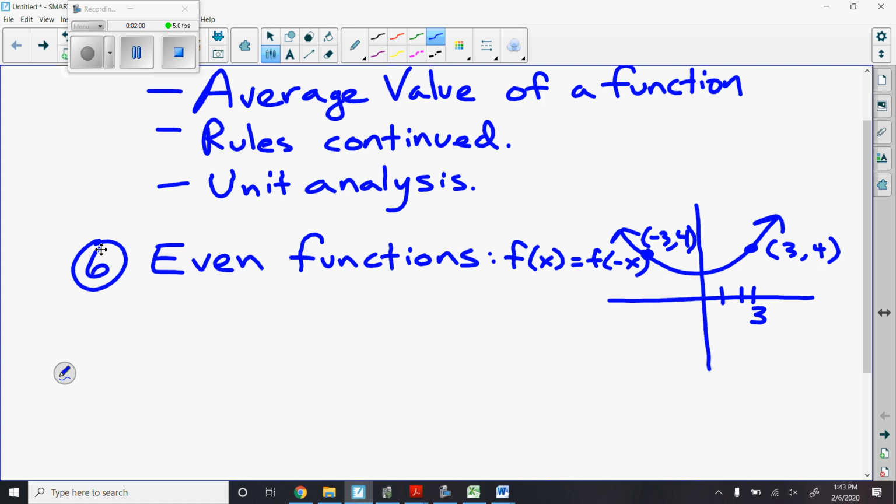So when we're dealing with even functions, and we have a lot of them, x squared is an even function, x to the 4th is an even function, x squared plus 6 is an even function. Cosine x is an even function. We can take some shortcuts when we're doing definite integrals. So let's say f of x is an even function.